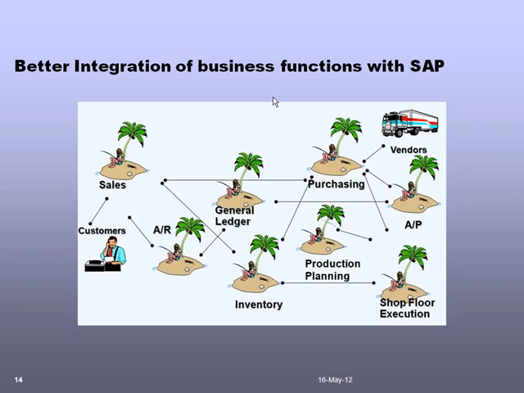Now, better integration, like the wheel which we have seen a couple of screens ago. You take any industry, whether it is banking, manufacturing or service, any industry will have various departments. For example, sales, customers, inventory, production, purchasing, and so on. These departments may work independently or in communication with other departments.